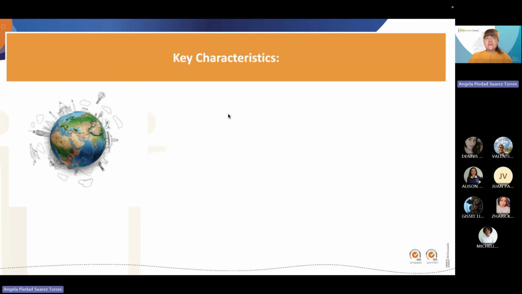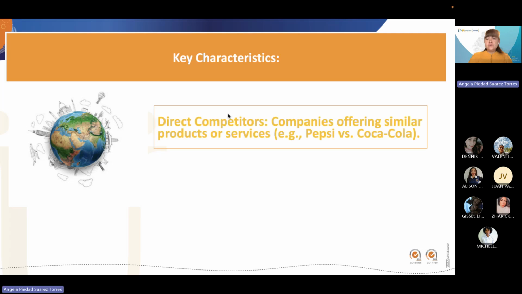There are some key characteristics that we need to consider. First of all, we have the direct competitors. Those are companies that offer products or services very similar to those that we are going to offer.